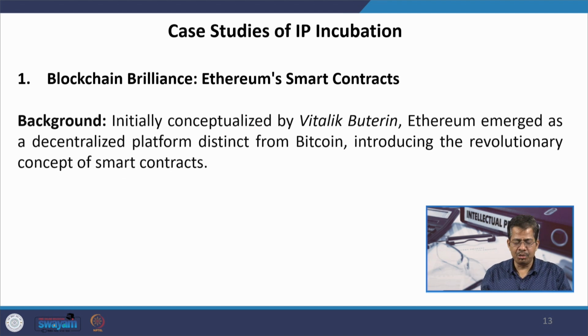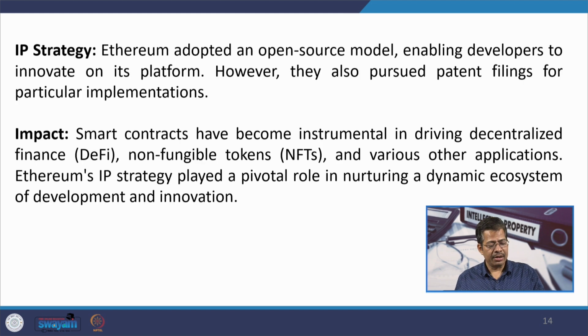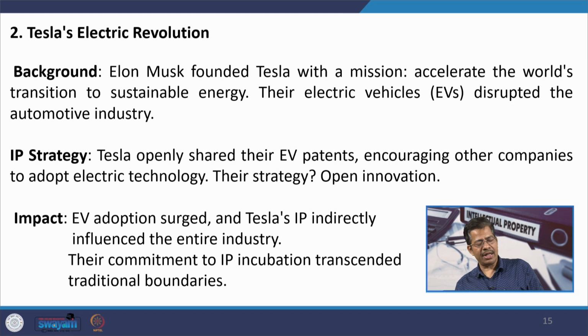These are the two case studies we have here. One is from a company known as Ethereum, and the second case study is Tesla's electric revolution. Both these case studies will show you the role of funding during the process of technology development, which enabled these organizations to develop very successful innovative technologies.